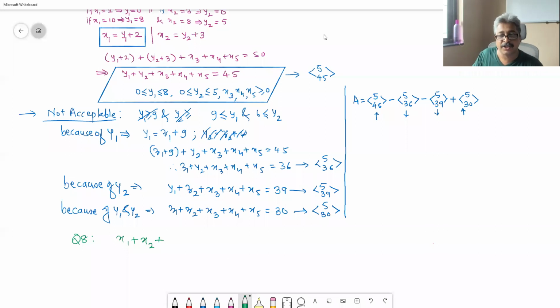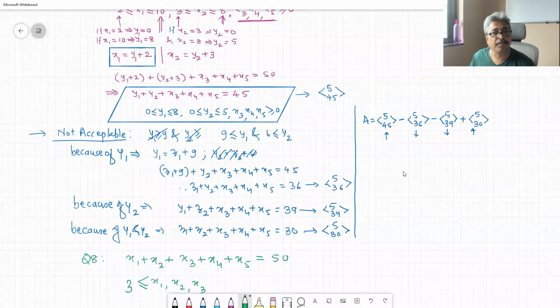Next problem, question 8. x1 plus x2 plus x3 plus x4 plus x5 is equal to 50. x1, x2, x3 between, in the earlier problem it was between what? Let me have new numbers every time.